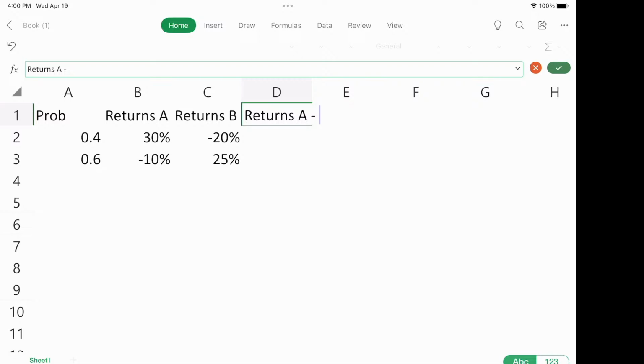The average return we figured out was 6. The average return for the weights that we used, no, we have to use the return, okay, E of RA.